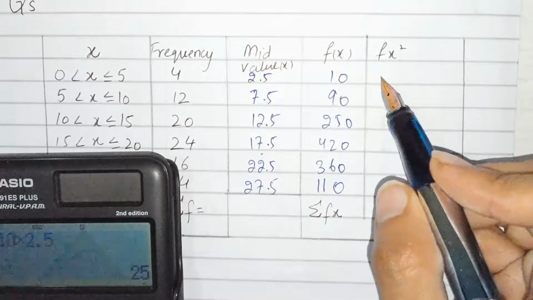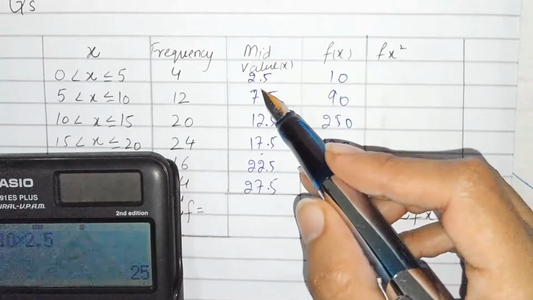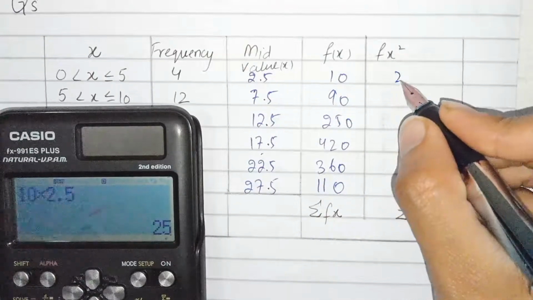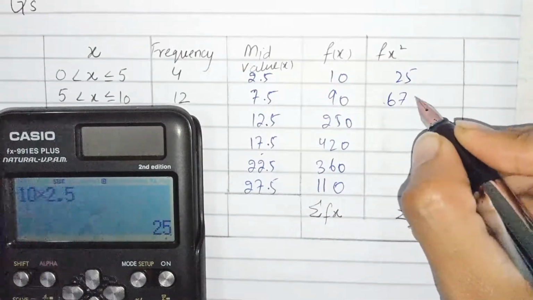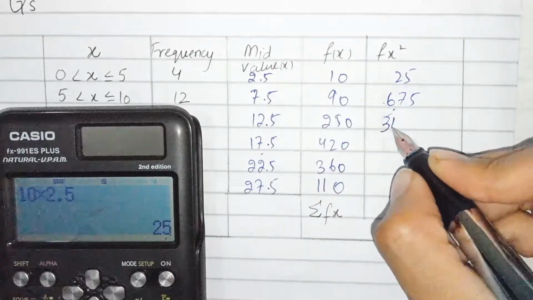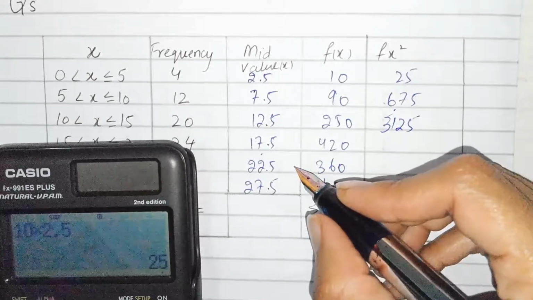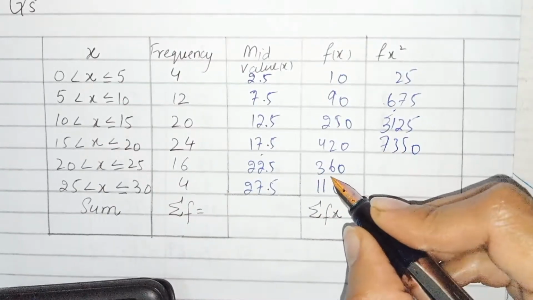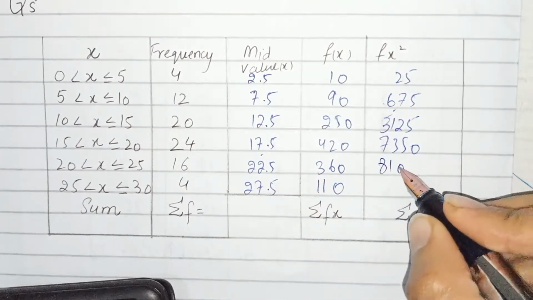Now students, to find the value of fx square, the value of fx is again multiplied by x. 10 multiplied by 2.5, we get 25. 90 multiplied by 7.5, we get 675. 250 multiplied by 12.5, we get 3125. 420 multiplied by 17.5, we get 7350. 360 multiplied by 22.5, we get 8100.